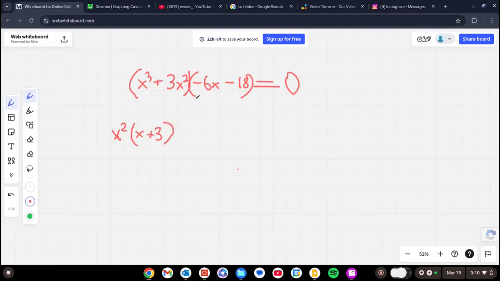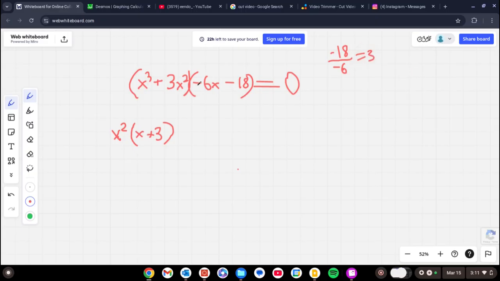And then on this side, we actually want what's in the parentheses to match this x plus 3. So let's do this again, except we have minus 6 and minus 18. So what's in common between these? If we divide minus 18 by minus 6, you end up getting 3.